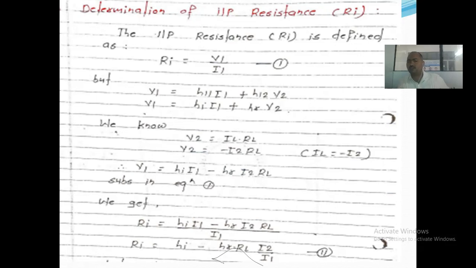One is the equation with respect to V1 and the other is the equation with respect to I2, right? So the V1 equation is V1 equal to H11 I1 plus H12 V2, right? This is one of the equations for the input side, right? Means the input parameter equation is V1 equal to H11 I1 plus H12 V2.